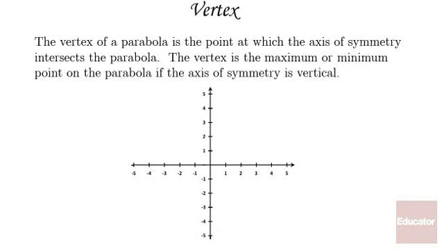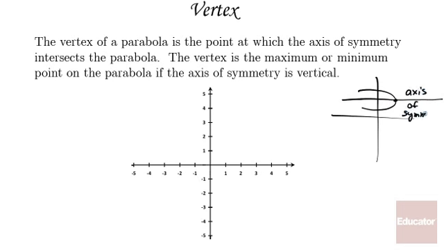Again, we talked about some of these concepts in earlier lectures, but to review, vertex. The vertex of a parabola is the point at which the axis of symmetry intersects the parabola. And it's a maximum or a minimum point on the parabola if the axis of symmetry is vertical. If the axis of symmetry is horizontal, let's say we have a parabola like this, and the axis of symmetry would be horizontal, so we still have a vertex, but it's not a maximum or minimum.